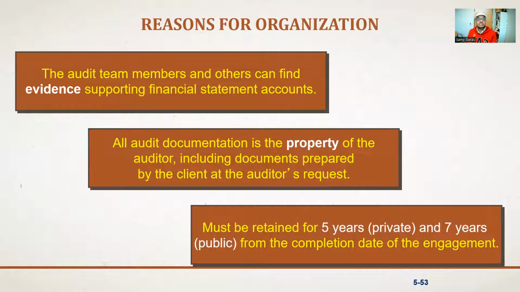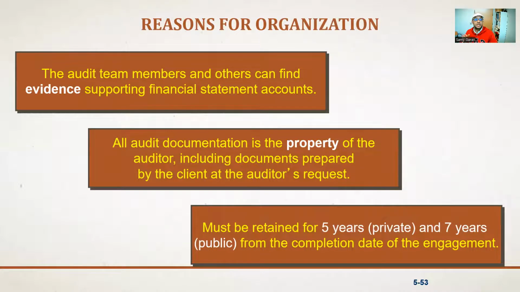So in case we get some inspection or investigation from PCAOB 7 years ahead, we should have them ready for them. And for a private company, we keep them for 5 years. So we have to organize the audit documentation because we are going to keep them for years. The audit documentations are the property of the auditor, and the auditor is not required to give them to the client or anybody else.